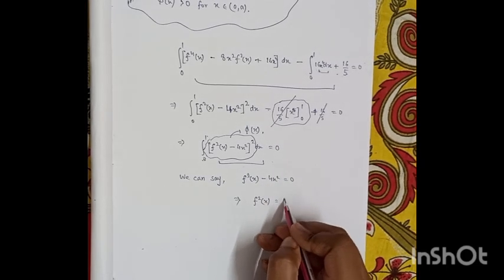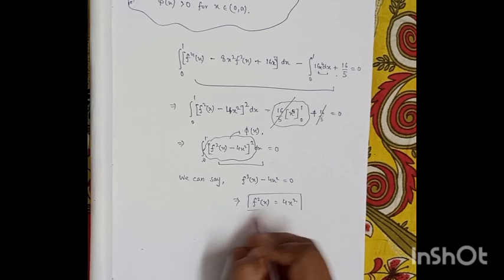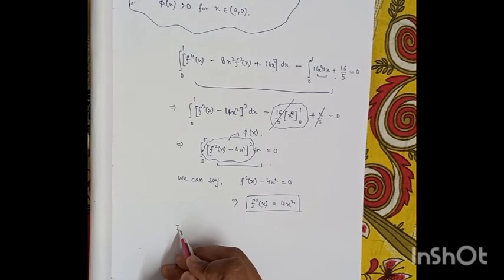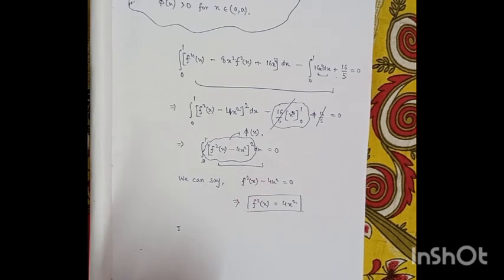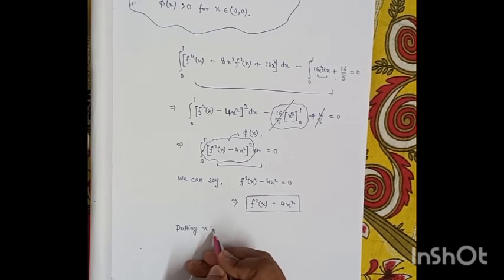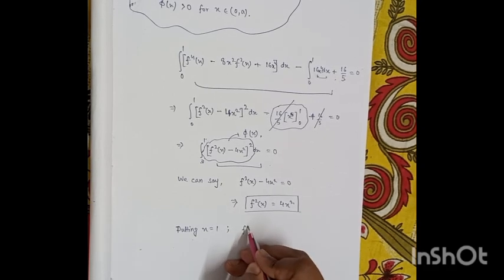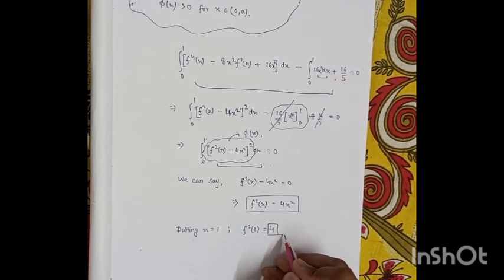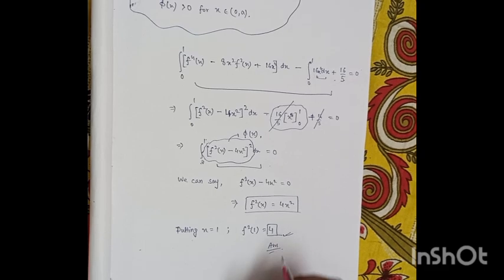So f²(x) is equal to 4x². In the question we are asked the value of f²(1). So putting x equal to 1, f²(1) is equal to 4. That is our answer to this question.